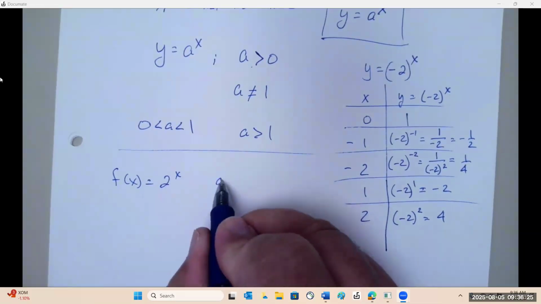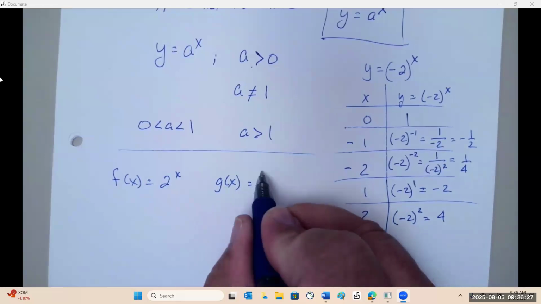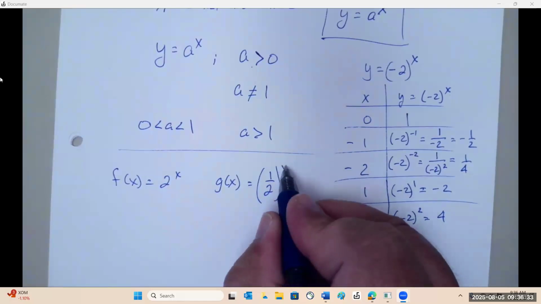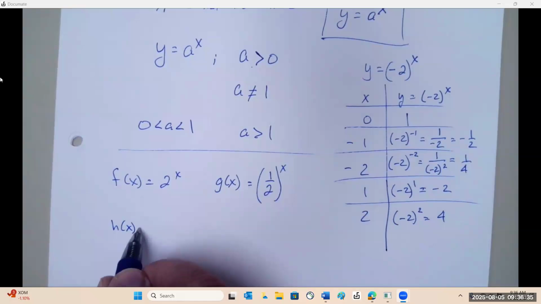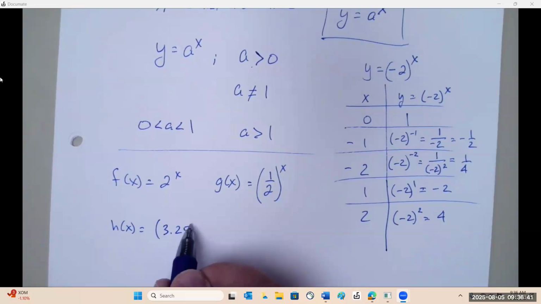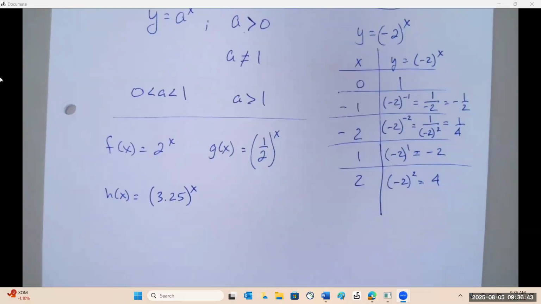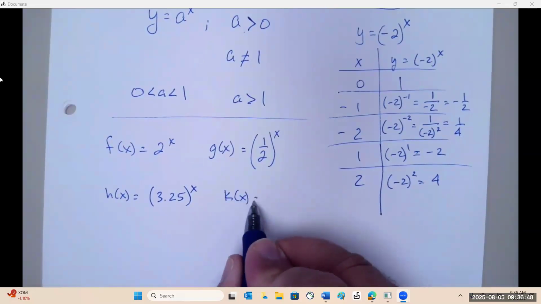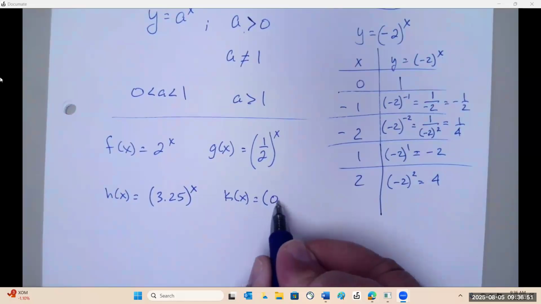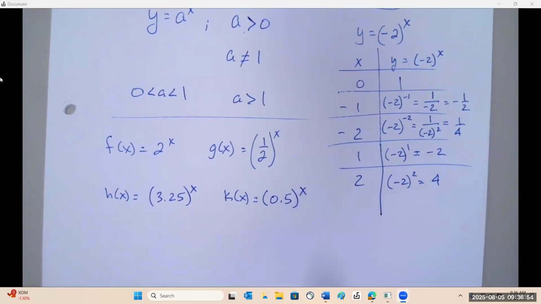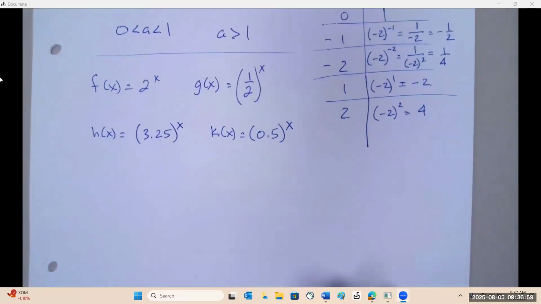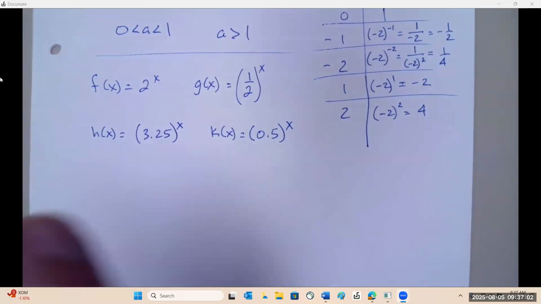So our functions can look like this, any one of these. Exponential functions can have any of these conditions, and any of these looks.